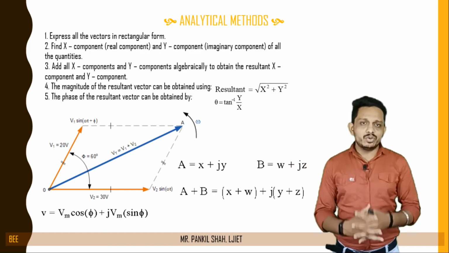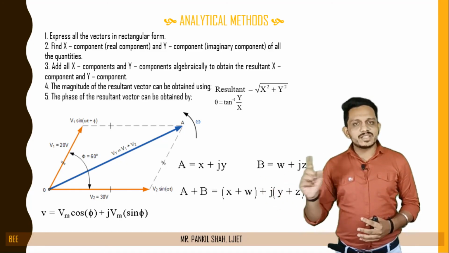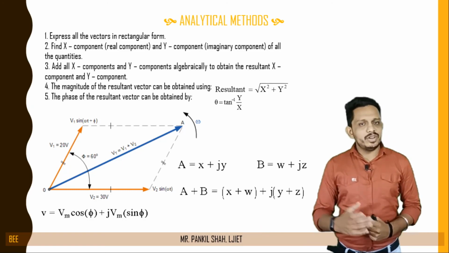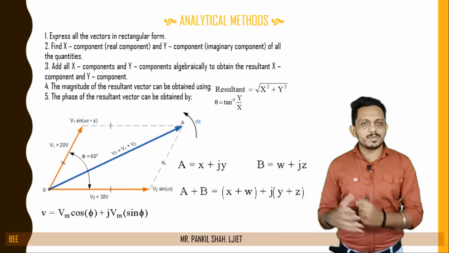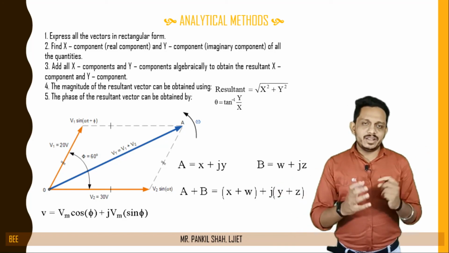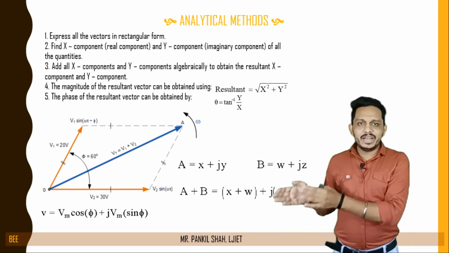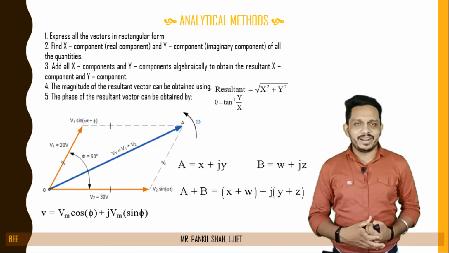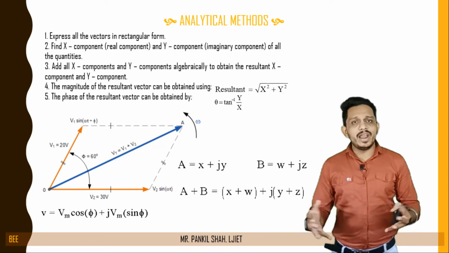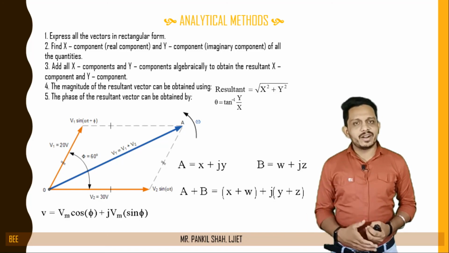To add these two alternating quantities in rectangular form, you just add the real components and add the imaginary components. The real components are x and w, so x plus w will be the real component, and y and z will be the imaginary component, so plus j times y plus z. This is the answer for the addition of any two alternating quantities in rectangular form. So in this manner you can add any alternating quantities. So this was the vector addition.